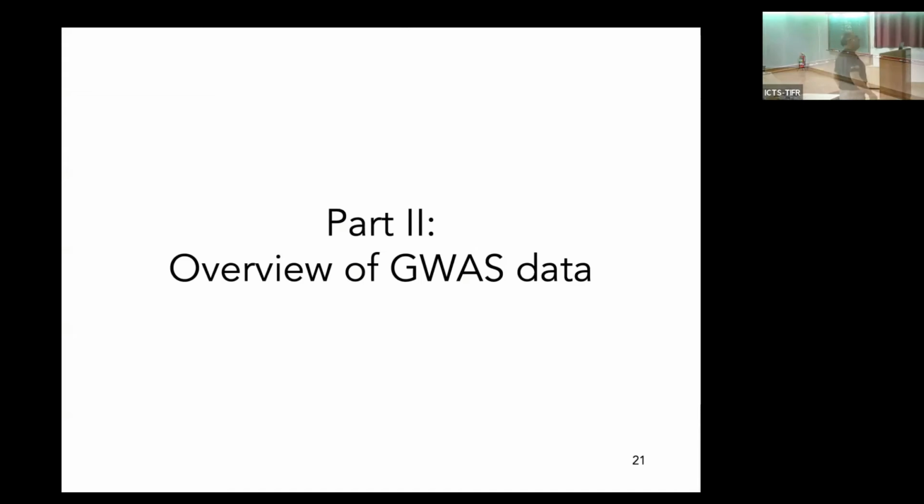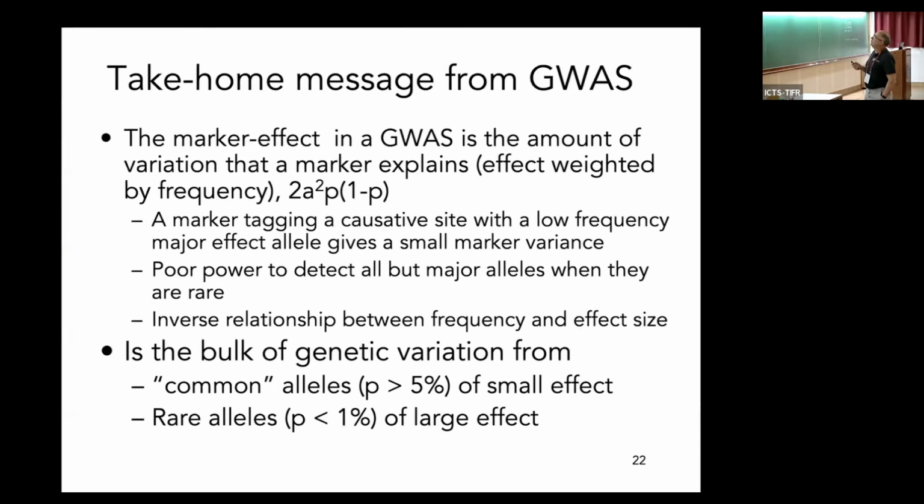So what is GWAS? What has GWAS told us so far? I'm going to give you the initial things, then we'll drill down a little bit. If I have an additive trait, that's the causal variance that's accounted for. One thing we see in a GWAS is all the effects are small. What is the effect in a GWAS?